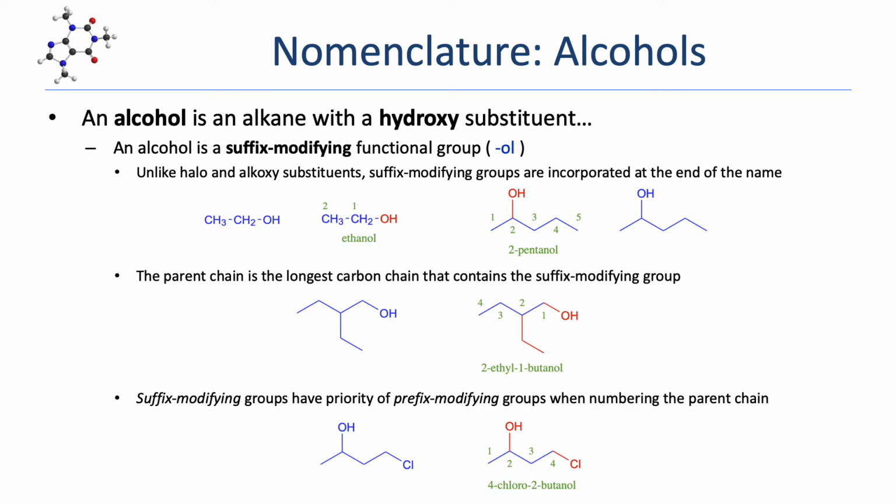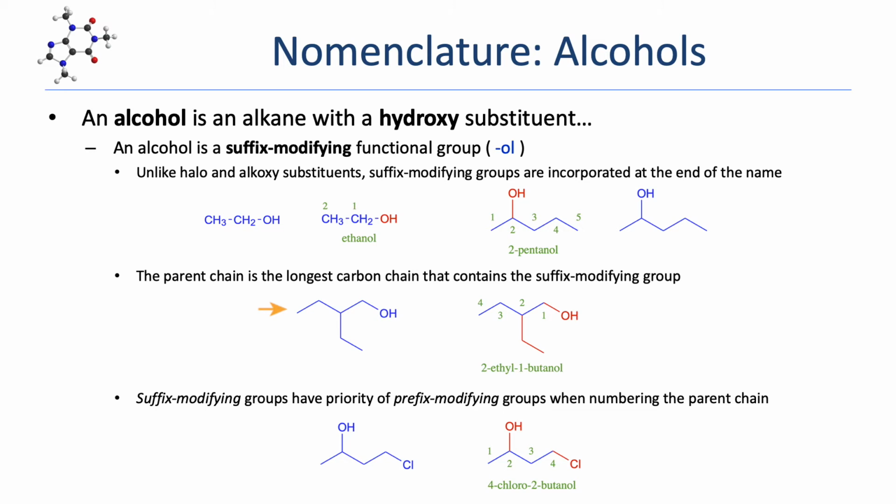Now, there are a couple of new rules we have to worry about with these suffix modifying groups like alcohols. The first modification to our original rules from alkanes is that the parent chain must contain the carbon that bears that suffix modifying OH. So look at this example. At first glance, you would say, oh, the parent chain is going to be the longest carbon chain. And that looks like 1, 2, 3, 4, 5, a 5-carbon chain.